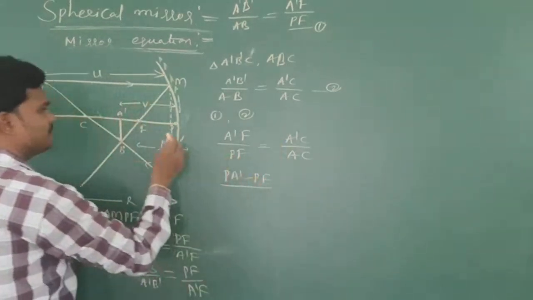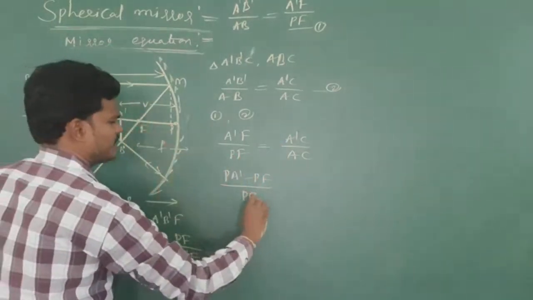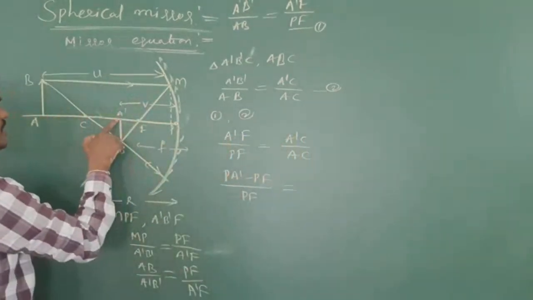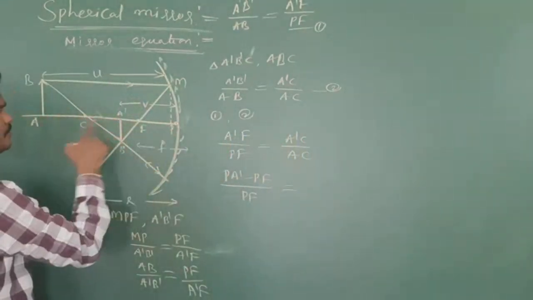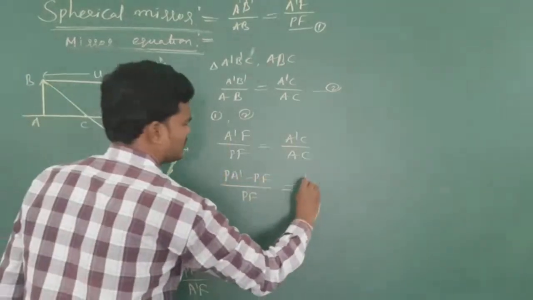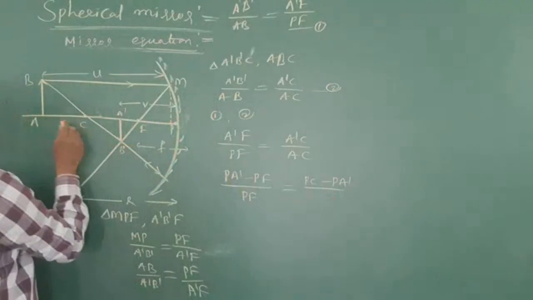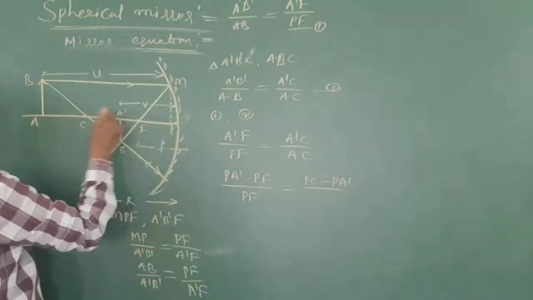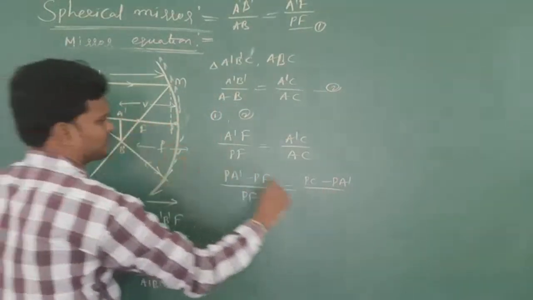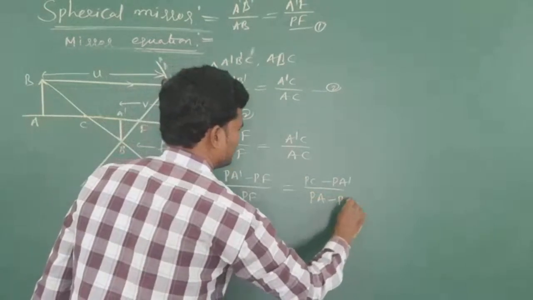PF is PF, keep in mind as it is. A dash C we can write as PC minus PA dash. AC is nothing but PA minus PC.